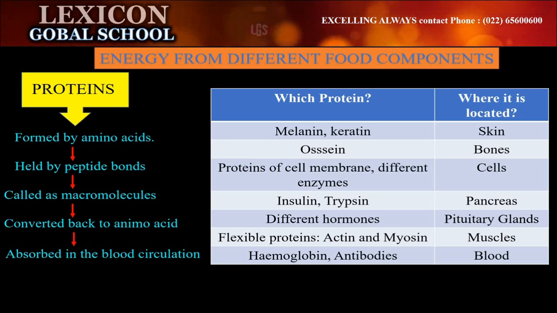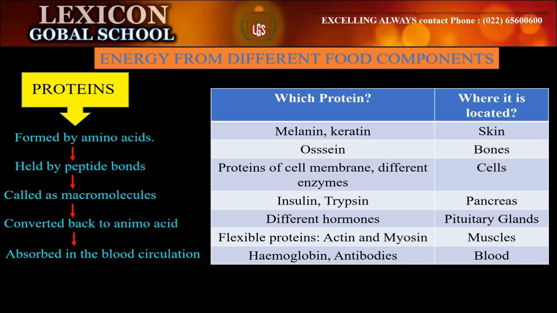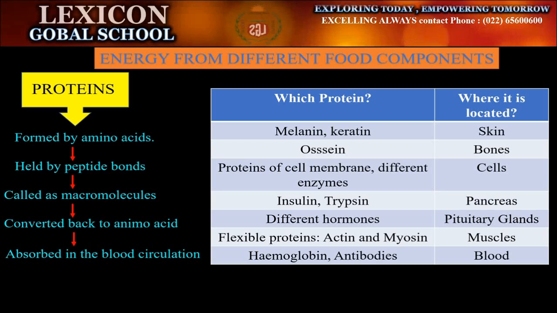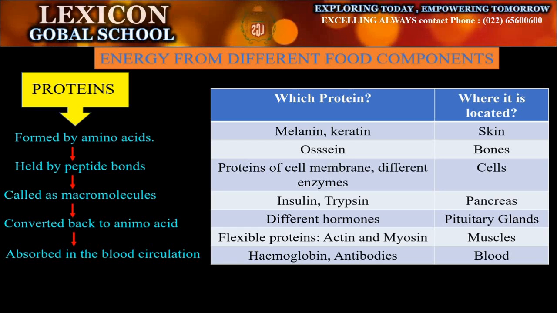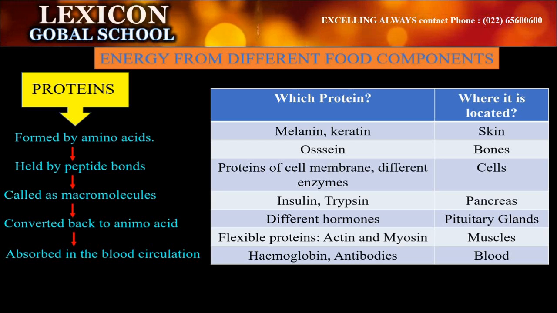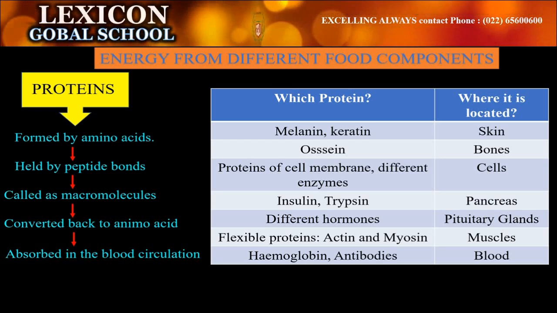Different hormones in the pituitary gland. Contractile proteins like actin and myosin in the muscles. Hemoglobin and antibodies are in the blood. So these are the different proteins that our body requires, and they are located in these parts of your body.